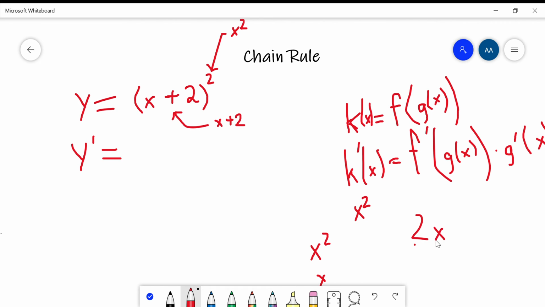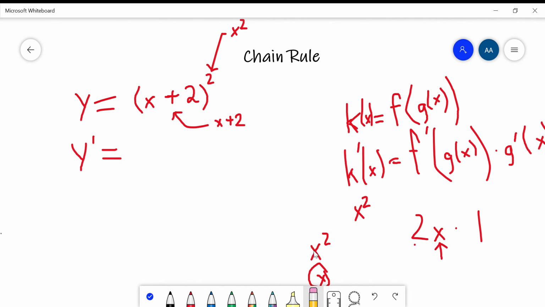Basically, we replace this x right here with the inner function. Normally it would be a function of x, but now it's a function of g of x. What's g of x? It's the inner function. In this case, it just happens to be x as well, so this is just 2x. Then we multiply it by g prime of x, the derivative of x. What's the derivative of x? It is 1. So 2x times 1 is just 2x, and that is the derivative of x squared.